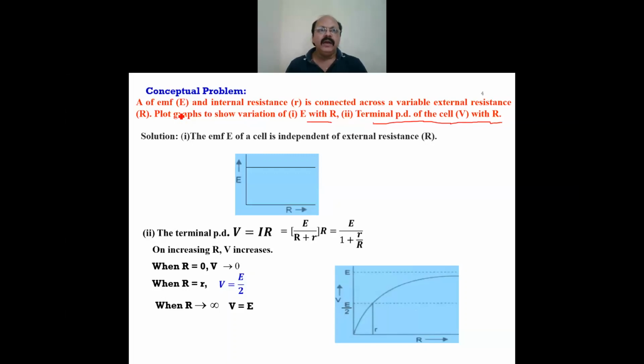So here a cell of EMF E and internal resistance small r is connected across a variable external resistance capital R. Now you see its solution.